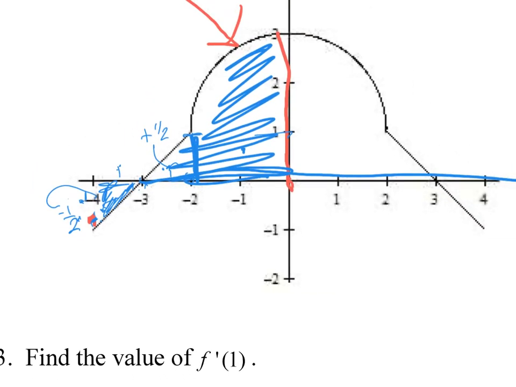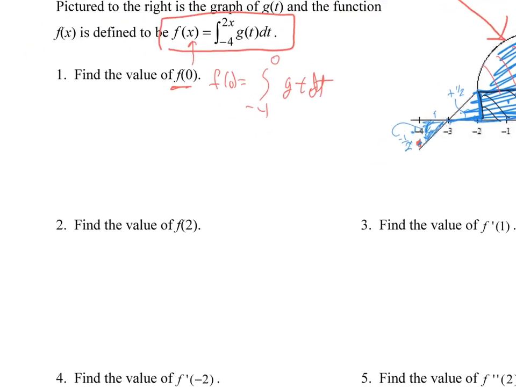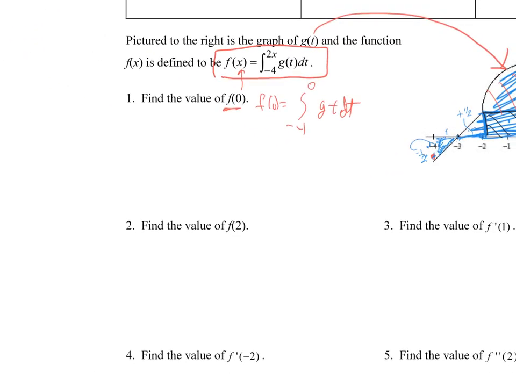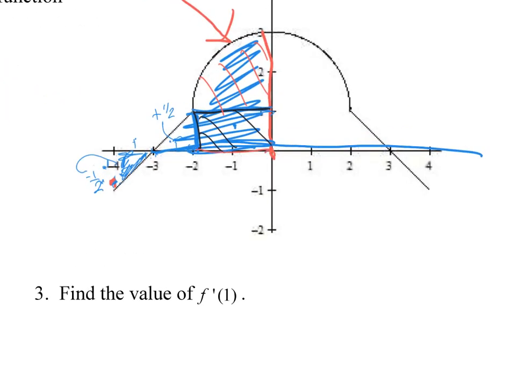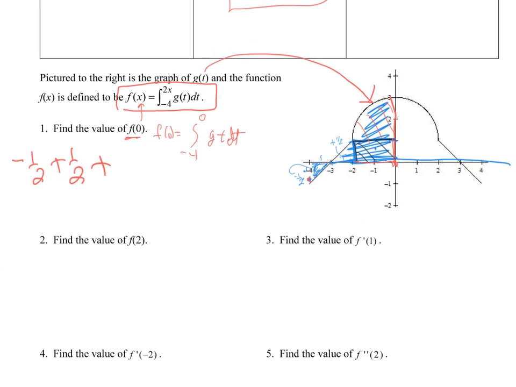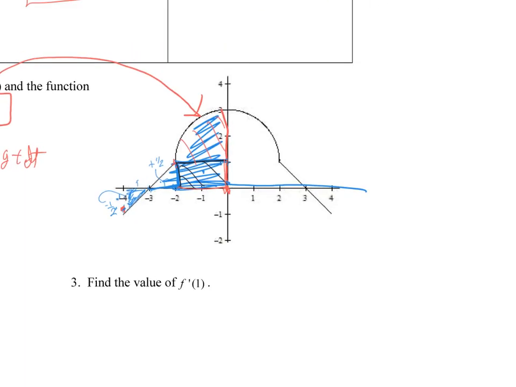Next picture part, rectangle, and a quarter circle. So I'm going to go ahead and put, just for fun, negative half plus a half plus my rectangle. 2 times 1 is 2. Plus 1/4 of a circle.